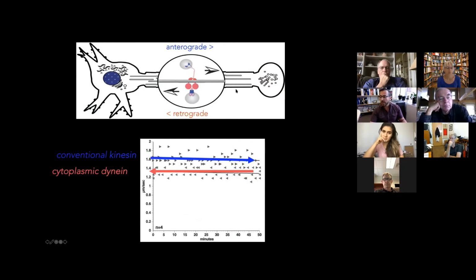So what you're about to watch now is a schematic, a cartoon representing the cell body and the synaptic terminal, and the material that will be moving in the video in this direction is so-called anterograde axonal transport. The one that comes back is called retrograde axonal transport.